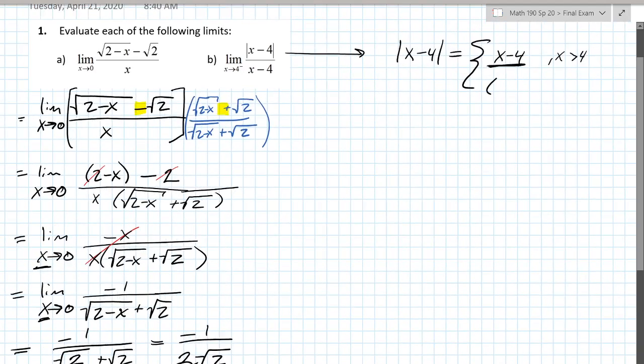Now, if the argument is negative, then the absolute value makes it positive. And the way we do that is we make it the opposite. That is, if x is smaller than 4, x minus 4 is negative, so we take the negative of that.